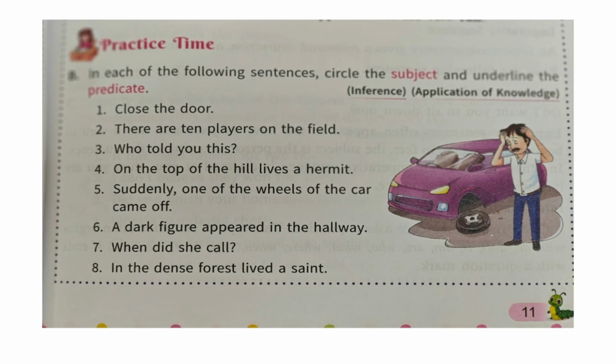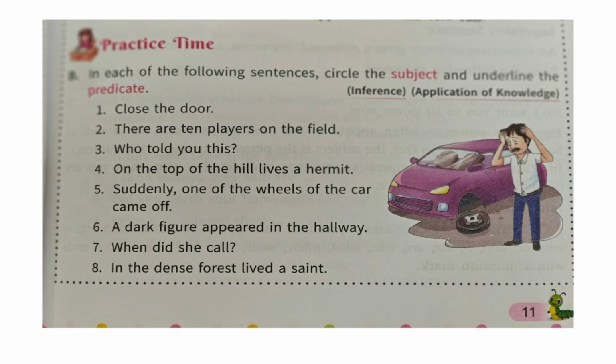That they are on the field. सो are on the field, 10 players क्या है? सब्जेक्ट है. Are on the field प्रेडिकेट है. सो ये आपको सब्जेक्ट और प्रेडिकेट्स, उस पर वो particular सब्जेक्ट के बारे में सेंटेंस में क्या बात हो रही है, that is the predicate.